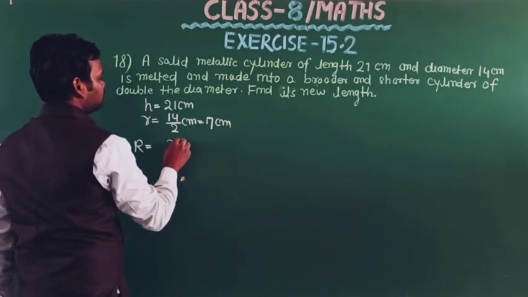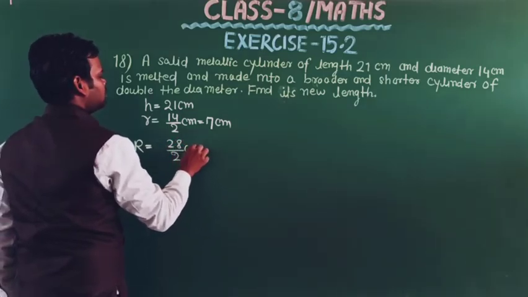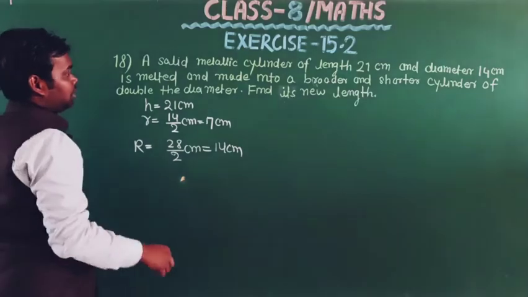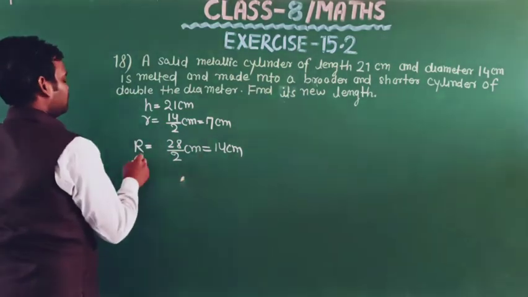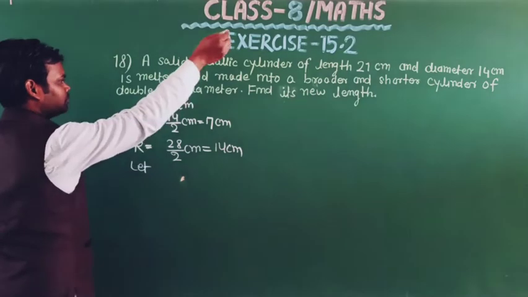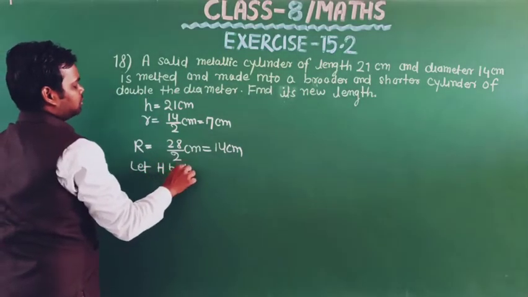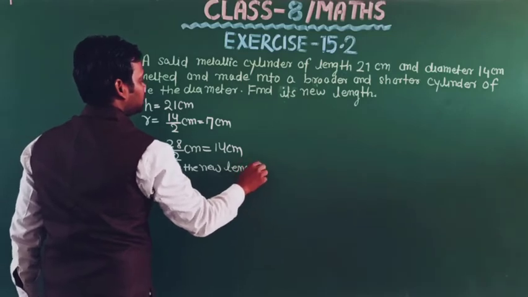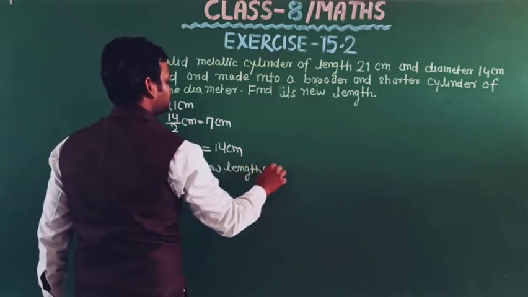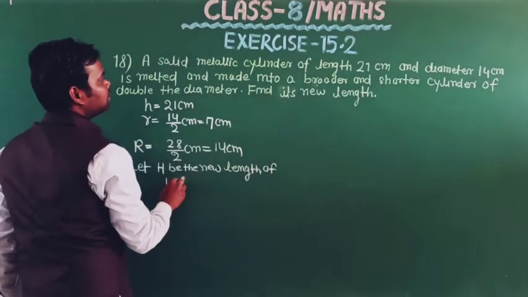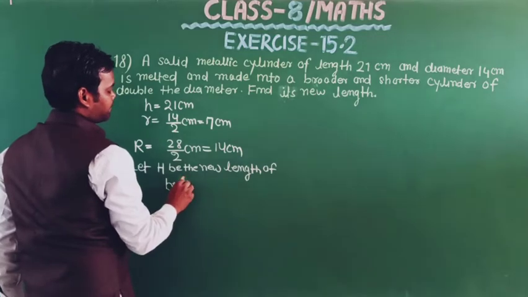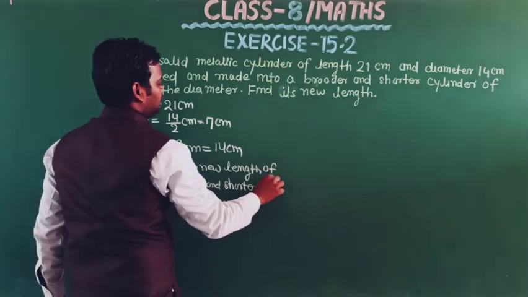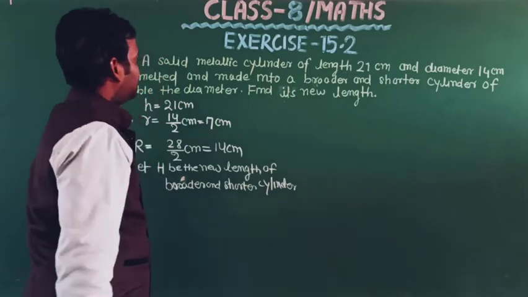This would be equal to 28 divided by 2, equal to 14 centimeter, and let capital H be the new length of the broader and shorter cylinder.